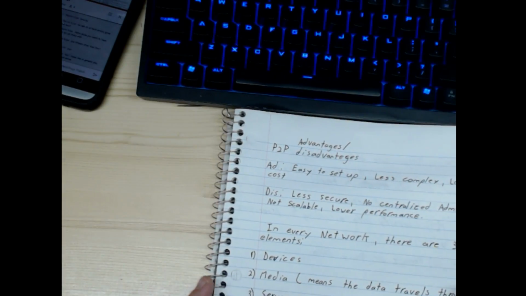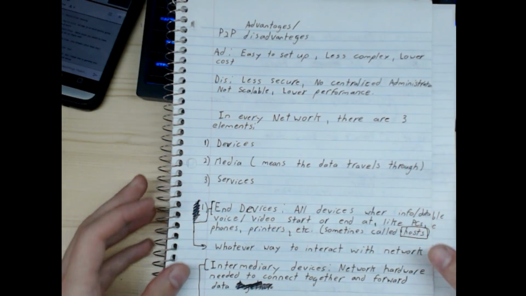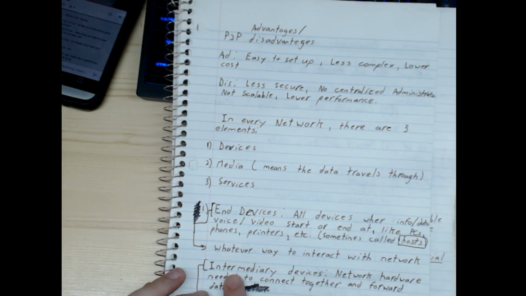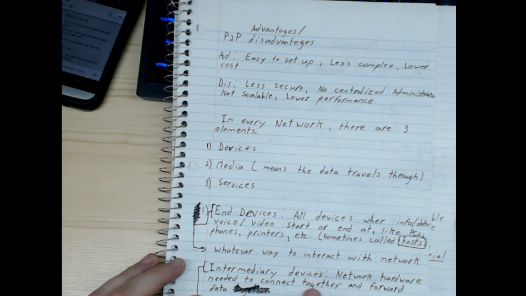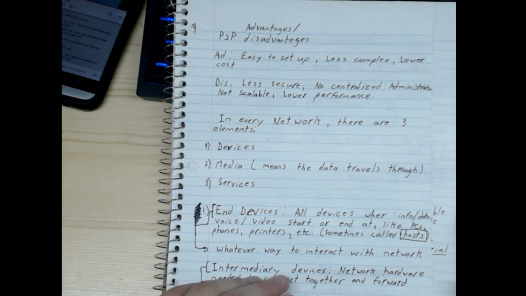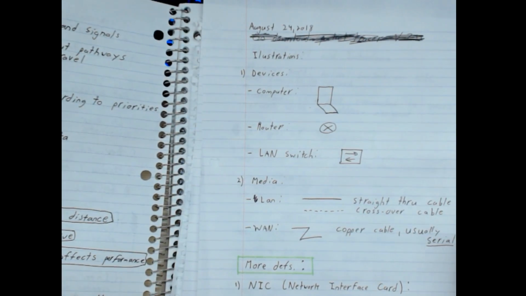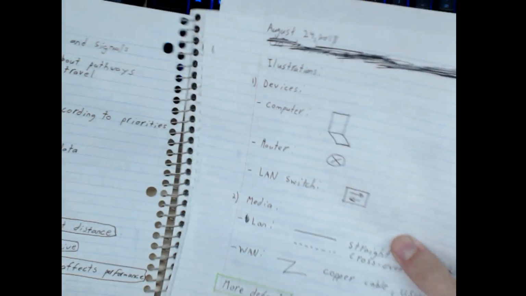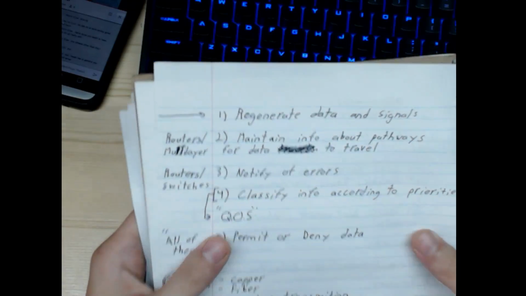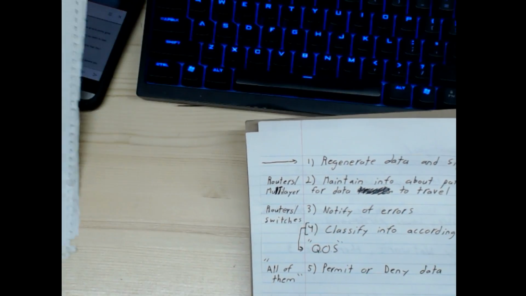Do we even have the word intermediary at all? Oh, we do. Network hardware needed to connect together or forwarding. Routers, LAN switches, and so on. Regenerate data. Maintain info. Aha. Copy paste, like we always do.